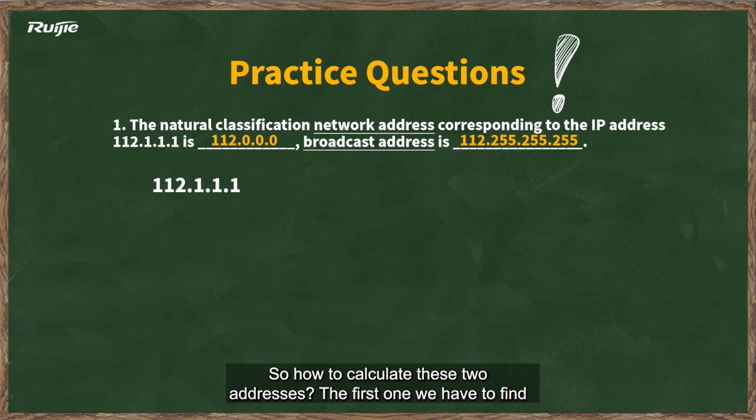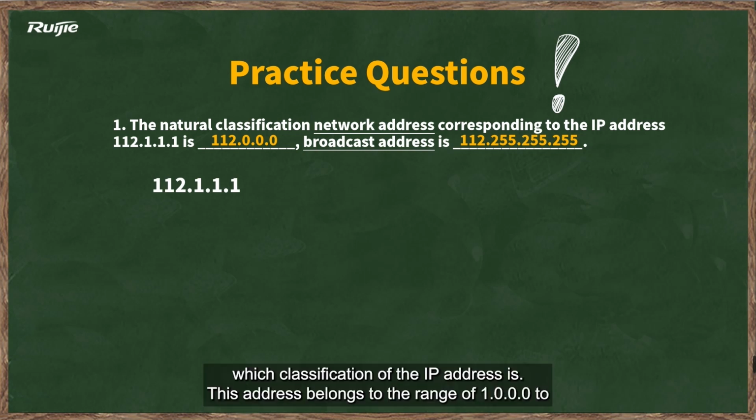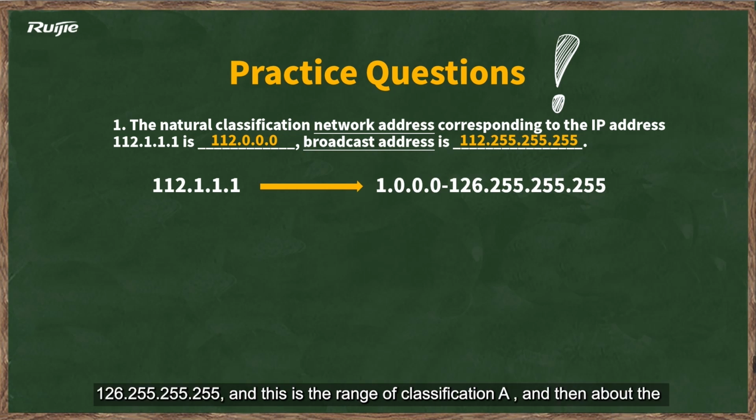The first one, we have to find which classification of the IP address. This address belongs to the range of 1.0.0.0 to 126.255.255.255. And this is the classification A range.